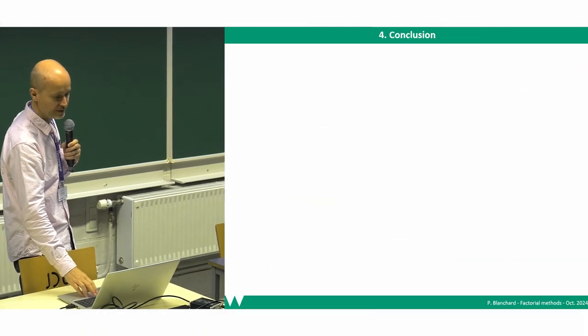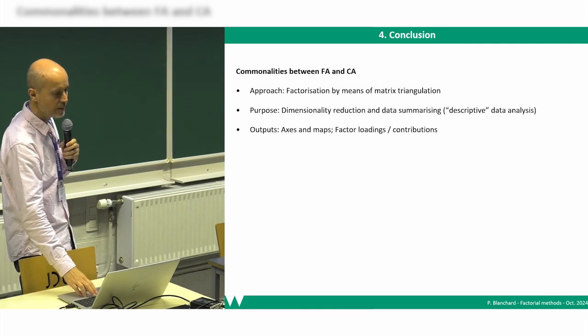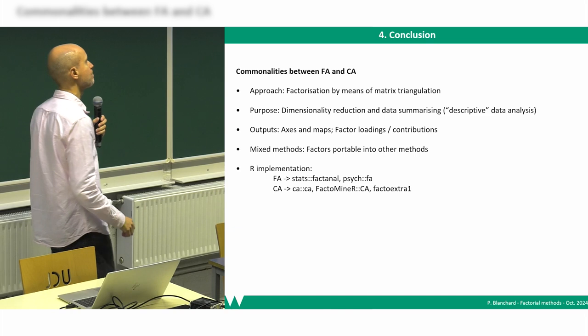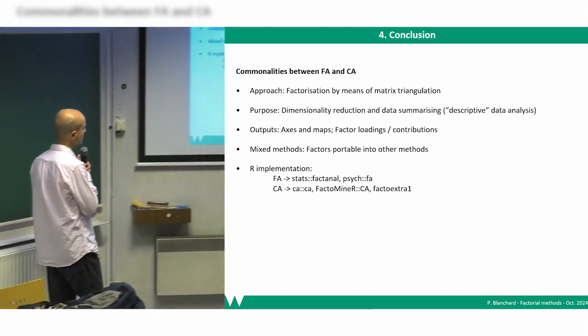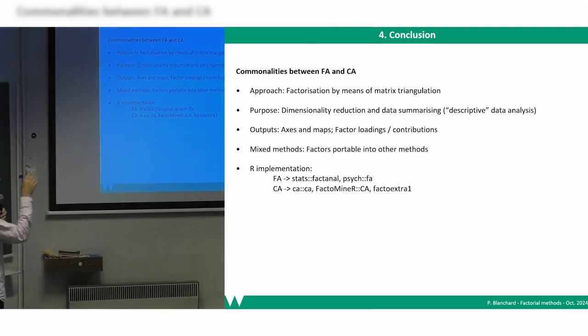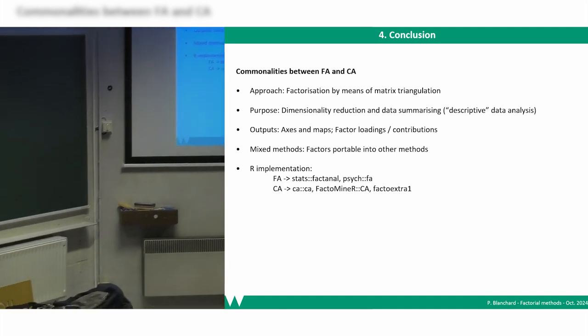Okay, I'm going to skip this last example, which was again about Morocco. But I wanted to recap the similarities between those two methods: factorization, dimensionality reduction, a few similar concepts of axes and maps, factor loadings, contributions.